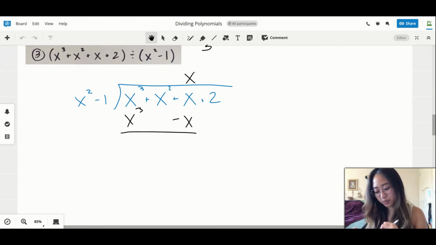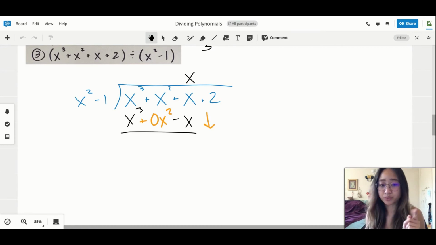So let's put a placeholder, plus 0x squared, just so visually we know that we still have to add it up. And following the same rules as dividing, later on we will still bring down that 2. But let's focus on this first.